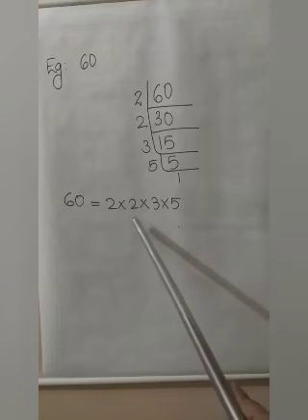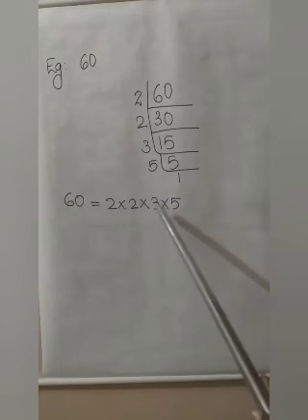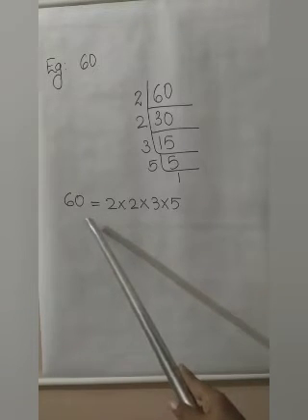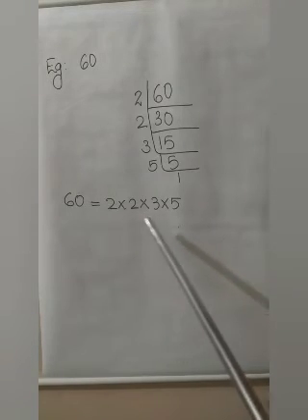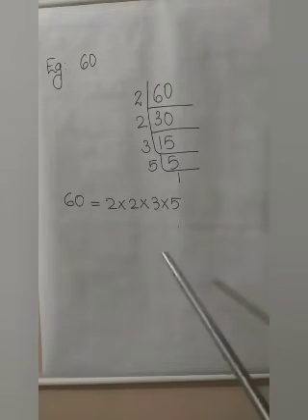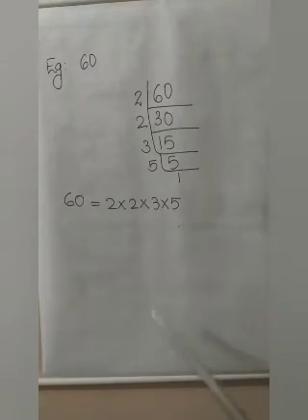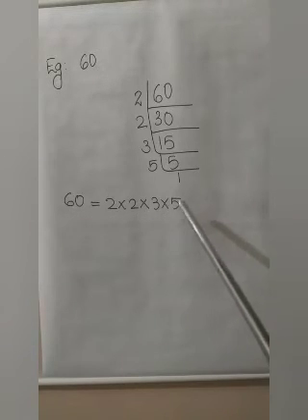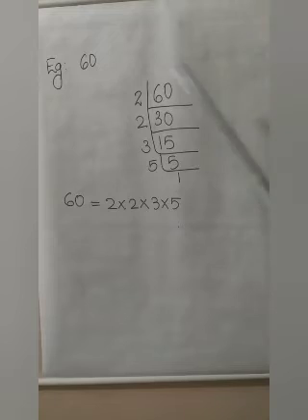What is 2 into 2? 4. 4 into 3? 12. 12 into 5? 60. So our factorization is correct, and all the numbers are prime. So the prime factorization of 60 is 2 into 2 into 3 into 5. So this is the long division method, and the other one is the factor tree.